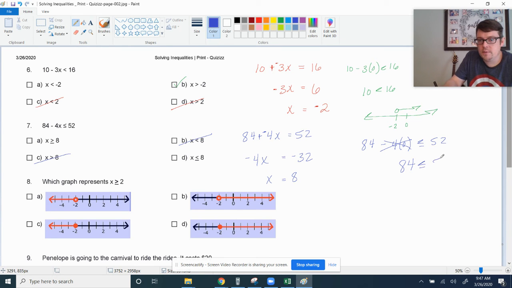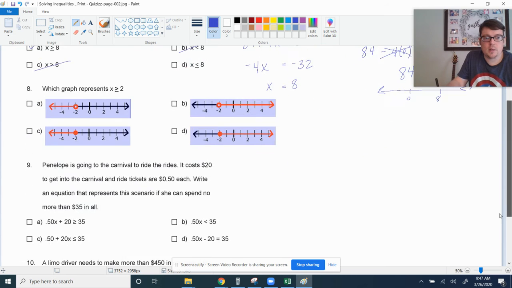Is 84 less than 52? No, so don't shade towards 0. We want numbers that are away from 0, like numbers that are bigger than 8, like A. So your diagram would have looked like this. At 8, we're going to shade away from it. So it's greater than 8.